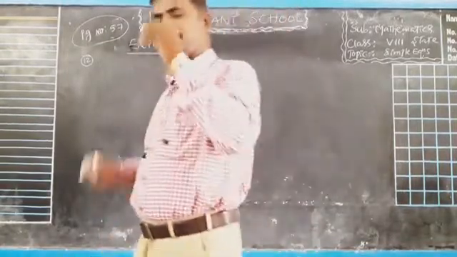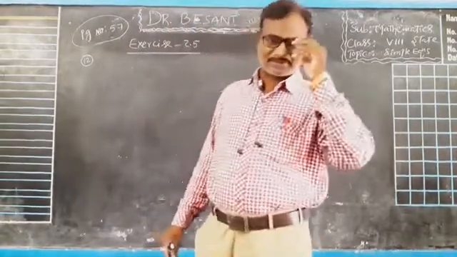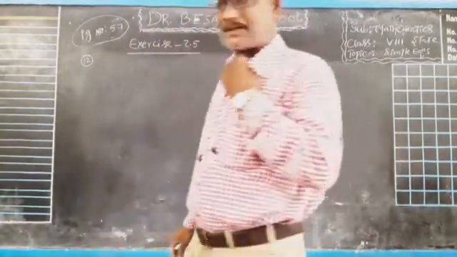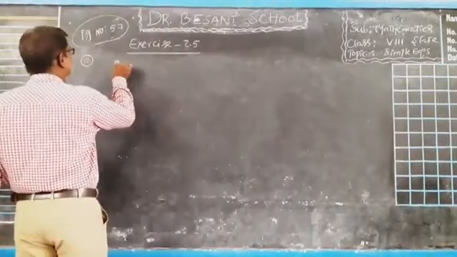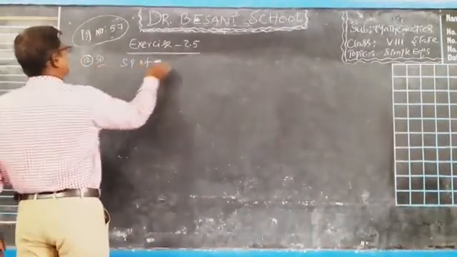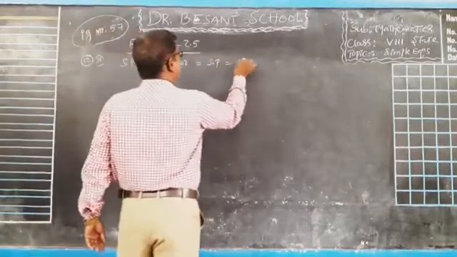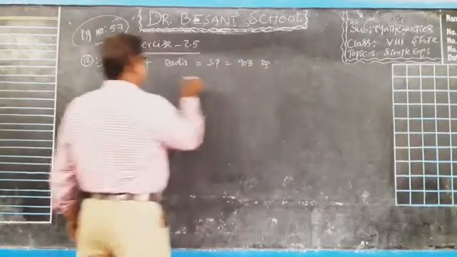Children, it is given the selling price of the radio is 903 rupees. Gain percentage is also given, 5%. We need to find the cost price of the radio. Observe, selling price of the radio, SP, is equal to 903 rupees.